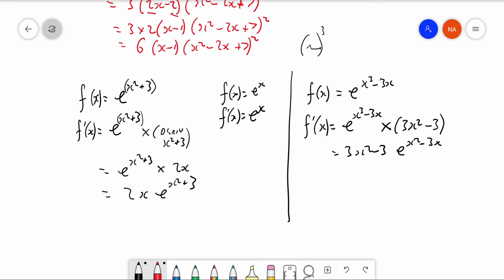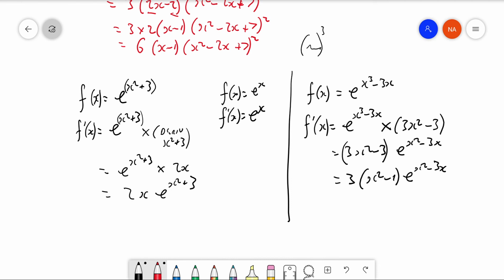You can see they get kind of long and involved. And this part, I'm going to put it in brackets because it's a whole lot times that, not just the one little part of it. You might also, because you can see the 3's there, factor them out if you want. You get 3 into x squared minus 1 e to the x cubed minus 3x.